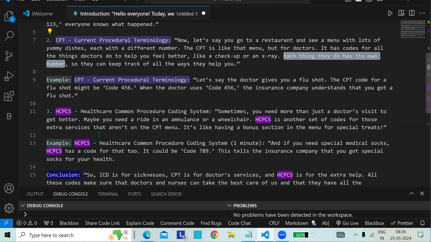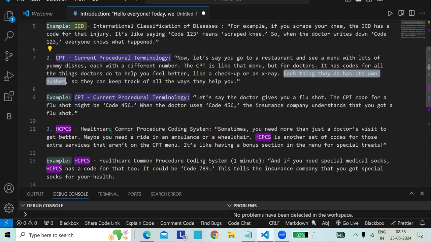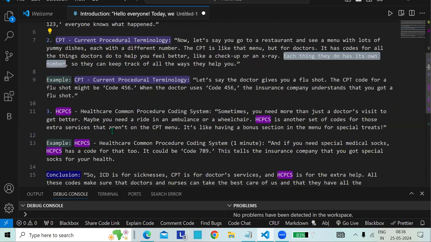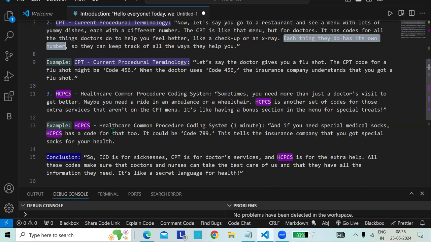I hope you understand. So what are the codes which are not there in the CPT and the ICD? These special treatments will come under HCPCS. What are the special treatments? Moving a patient in an ambulance or moving the patient in a wheelchair.